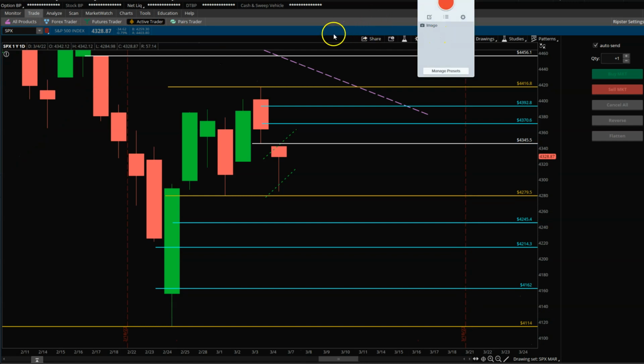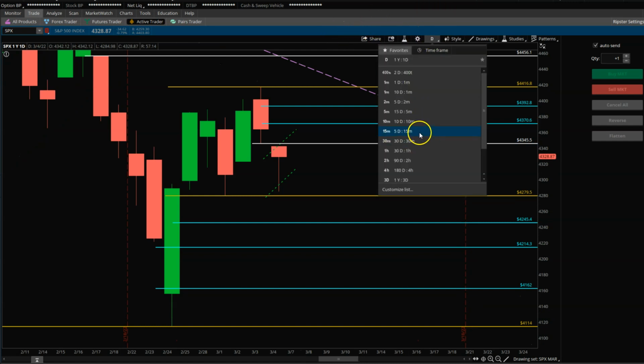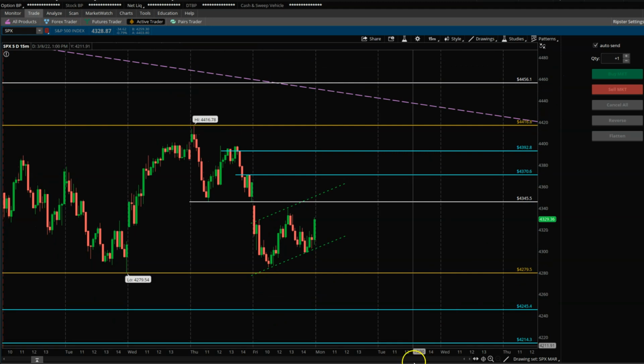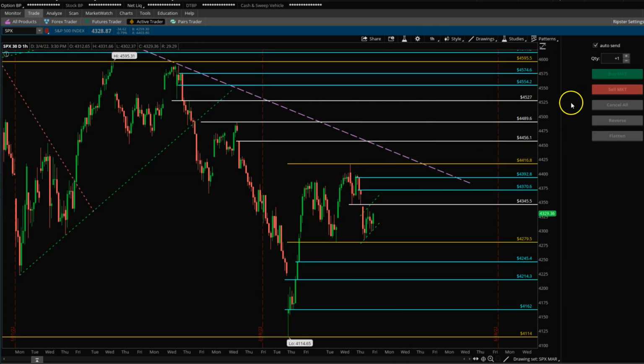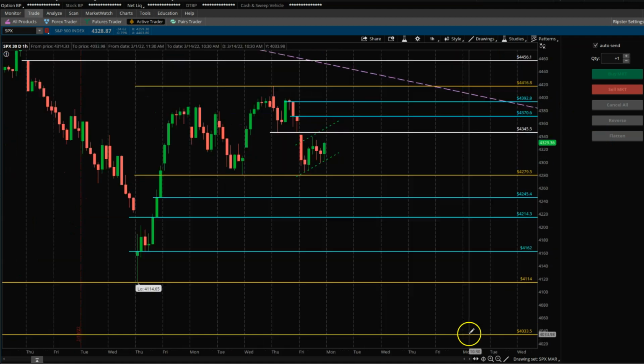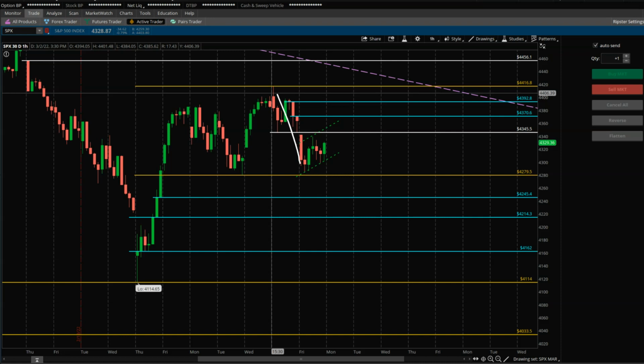Actually, let me go into a lower time frame, and you'll see it just feels heavy with this potential bear flag, right? Where we have this move down, and now it's kind of going upwards slightly, but in sort of a controlled manner, and it's just not seeing an urgency to get back up.